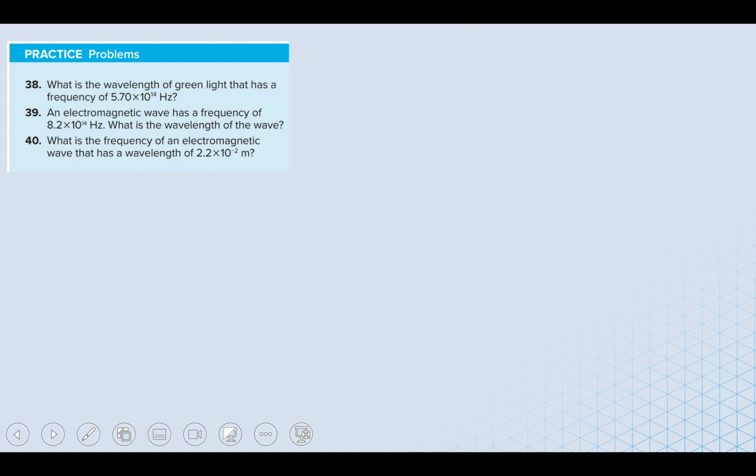What is the wavelength of green light that has a frequency of this much? To find the wavelength of light, we need to divide C over the frequency. C is 3 times 10 to the power of 8, and the frequency is 5.7 times 10 to the power of 14.